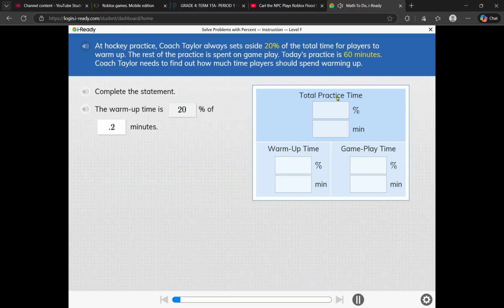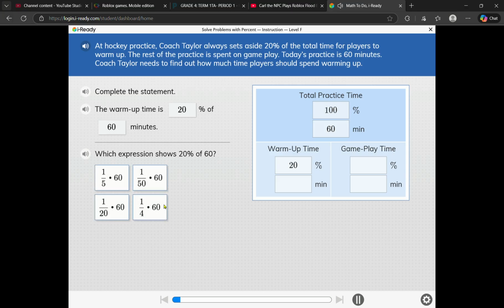The time spent on warm-up is 20% of the total practice time, which is 60 minutes. Total practice time is the whole, or 100%. Warm-up time and gameplay time are the parts. Which expression shows 20% of 60?